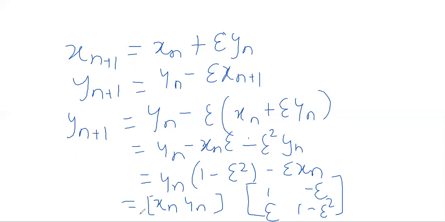Multiply first row, first column, xn plus epsilon yn. Yes, we got it for xn plus 1. What about yn plus 1? Yn plus 1 will be now minus epsilon xn. Yes, minus epsilon xn is there, and 1 minus epsilon square into yn. Okay, so this particular term will be 1 now.